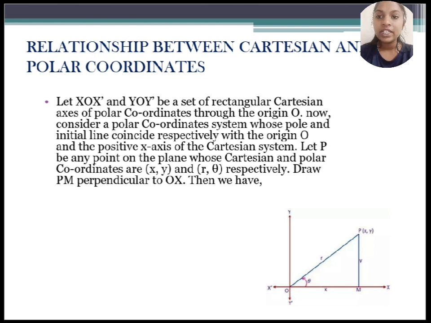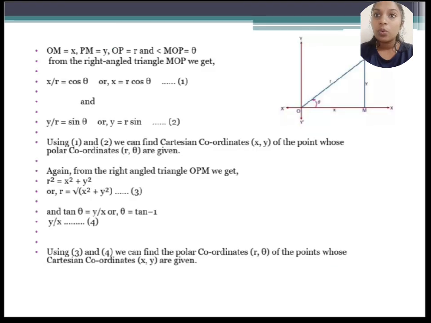Let P be any point of the plane whose Cartesian and polar coordinates are x comma y and r comma theta respectively. Draw PM perpendicular to OX, then we have OM equal to x, PM equal to y, OP equal to r, angle MOP equal to theta.